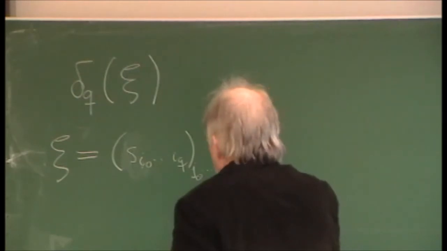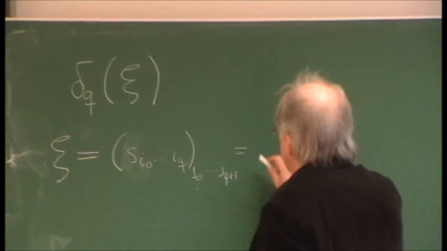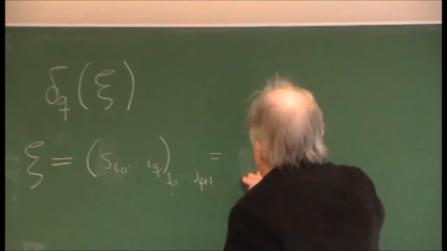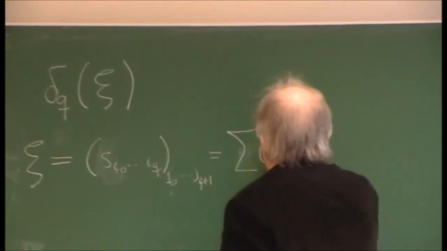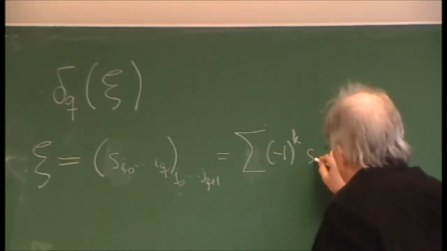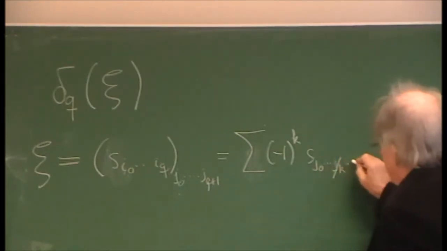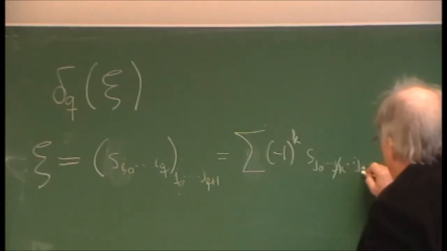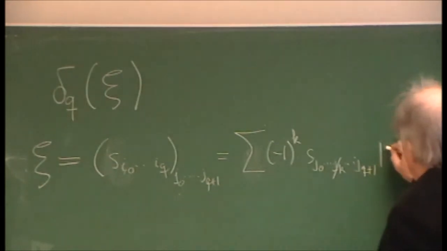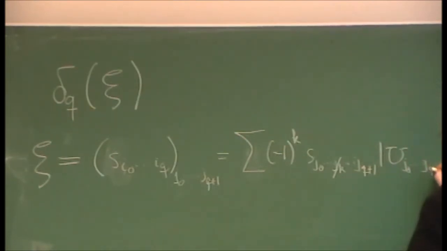J0 through J_{Q plus 1} equals the restriction mapping of S, J0, well, I have to sum it, sum minus 1 to the k of S, J0, J_k not there, J_{k plus 1}, Q plus 1, restricted, of course, to the intersection where it's supposed to be, so J0 to J_{Q plus 1}.